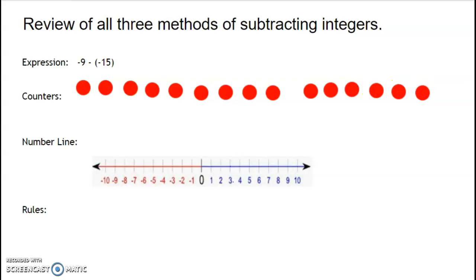I'm adding 0 pairs. I have 6 red counters. I also need 6 green counters. So right here, I've got my 6 0 pairs, which means now I can go ahead and take away 15 red dots.